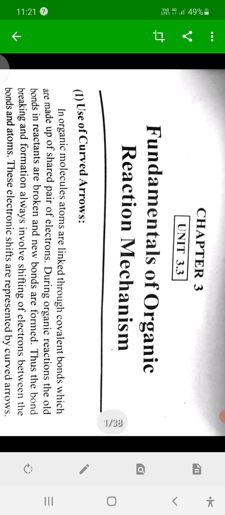Which process takes place first and how, that stepwise study of the processes involved in chemical reactions is nothing but reaction mechanism.